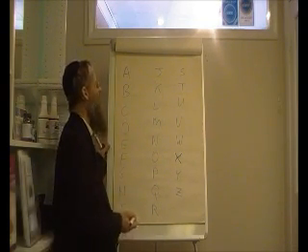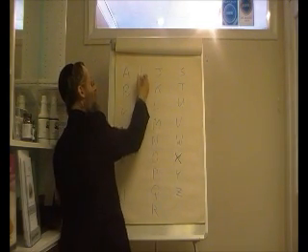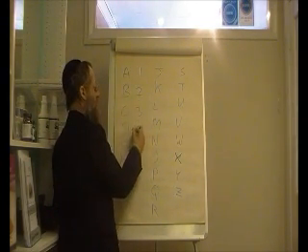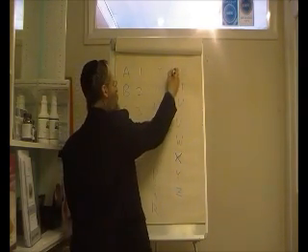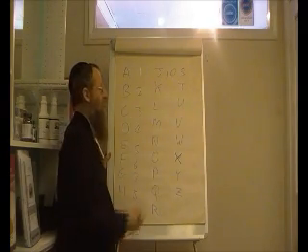So what is the normal value in English? A is 1, B is 2, C is 3, 4, 5, 6, 7, 8, 9, 10. And just like in Hebrew, we then go up into the decimals.